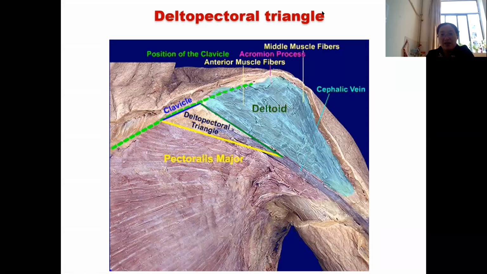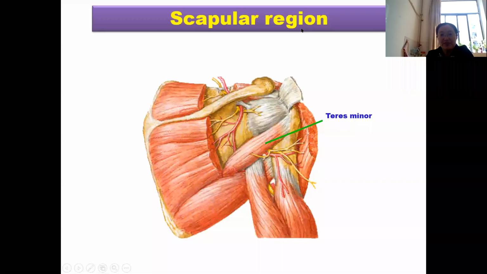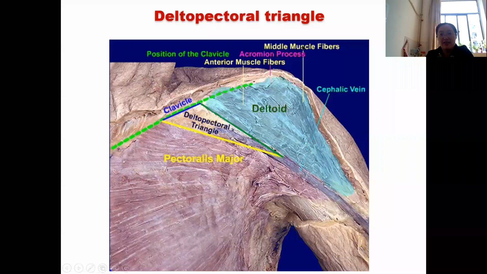Okay, there is one regional space here: the deltopectoral triangle. What's the deltopectoral triangle? In fact, it is just a narrow space, a groove, bordered by the deltoid, the pectoralis major, and a patch of the clavicle bone.